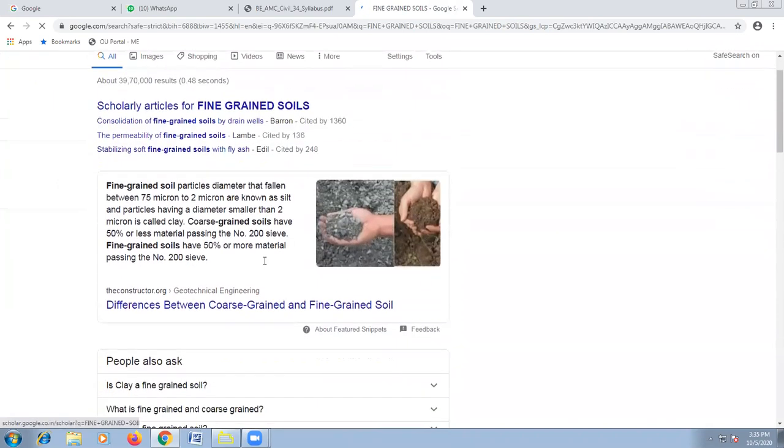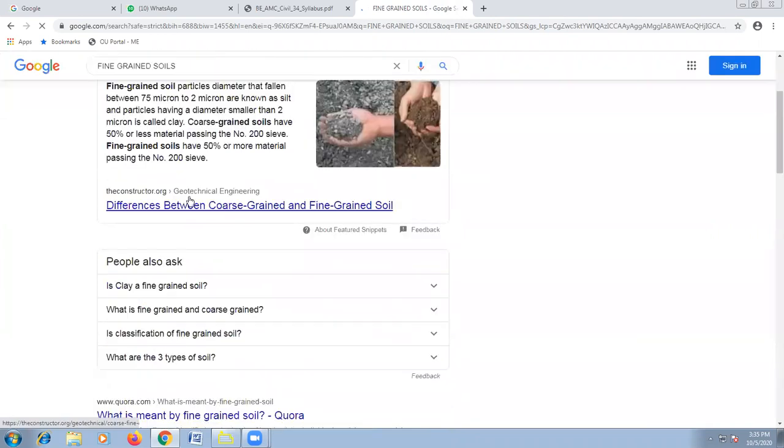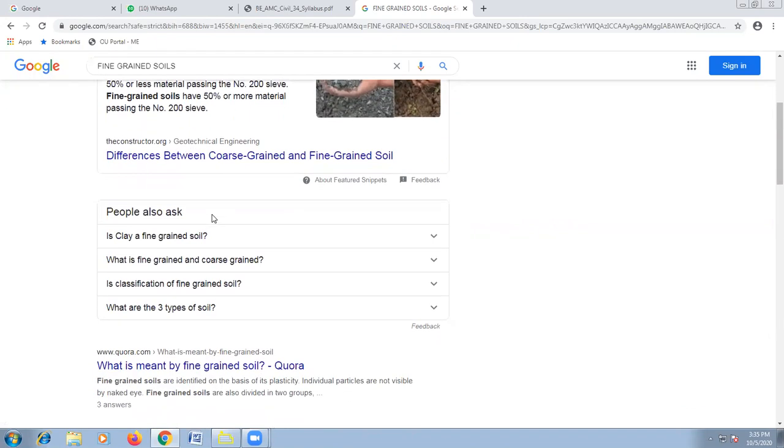Fine grained soils have particle diameter between 75 micron to 2 micron, and they have 50% or less material passing through the number 200 sieve. So let us see what fine grained soils are.